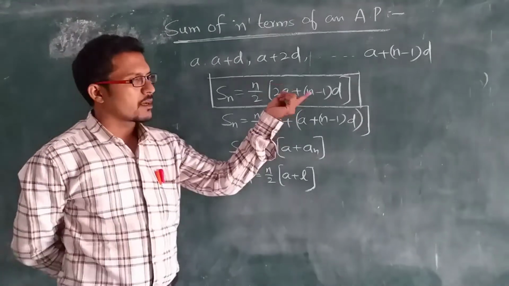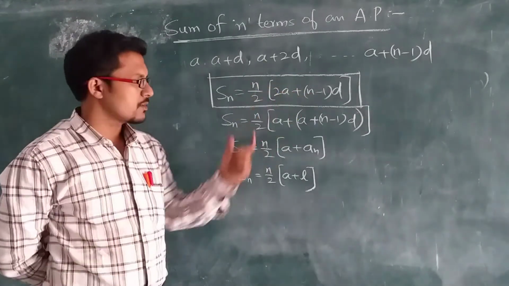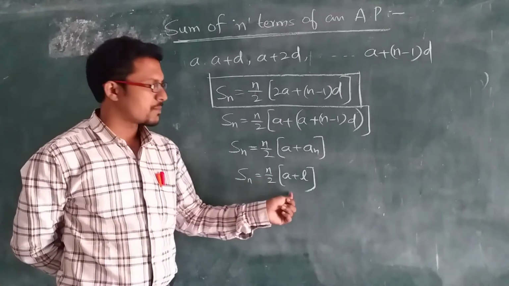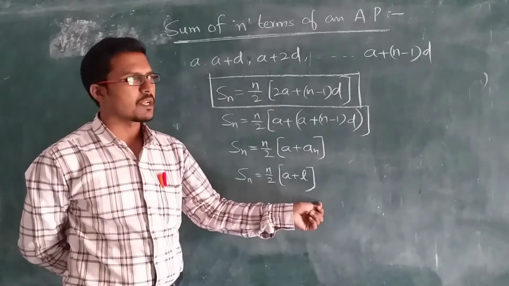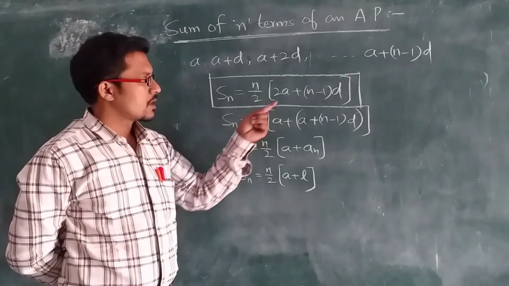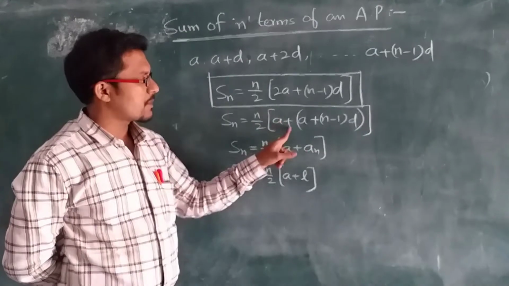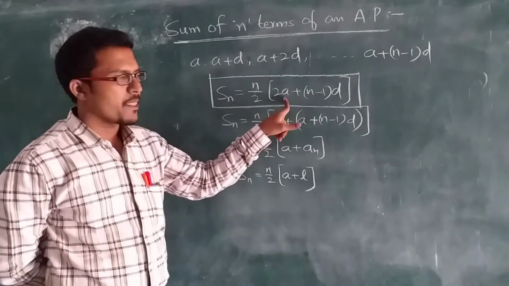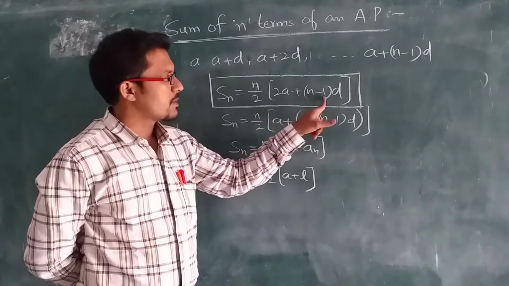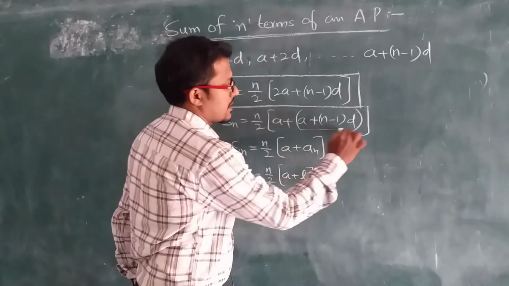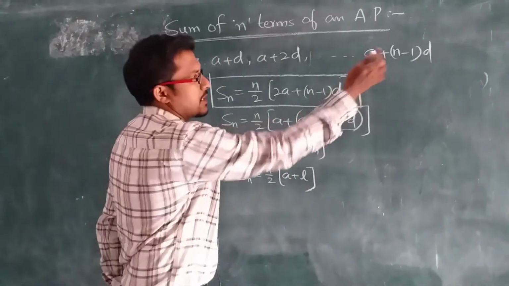This sum of n terms is also written as Sn is equal to n by 2 into a plus l. How can we derive this? Sn is equal to n by 2, and 2a can be written as a plus a, so we get a plus a plus n minus 1 into d. We know that a plus n minus 1 into d is nothing but the nth term.